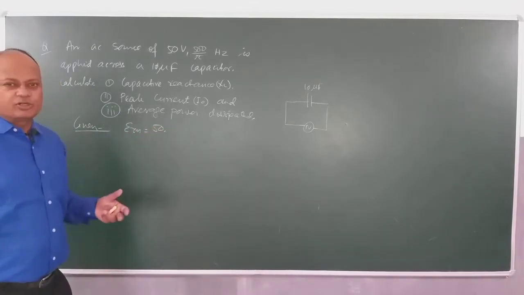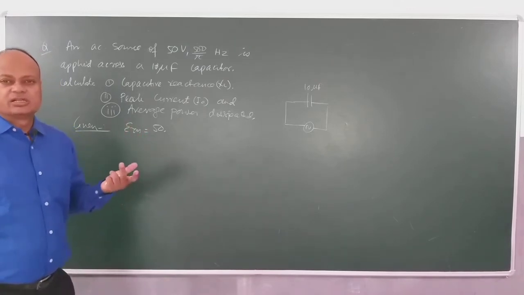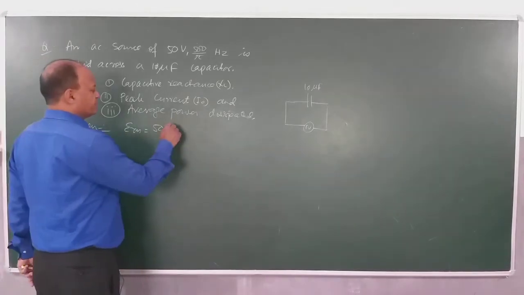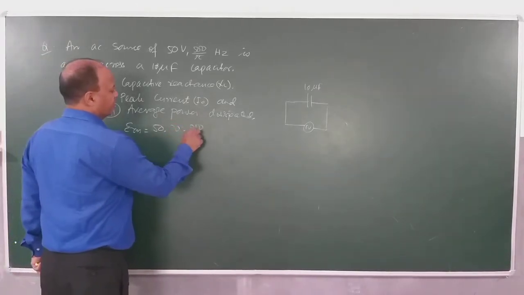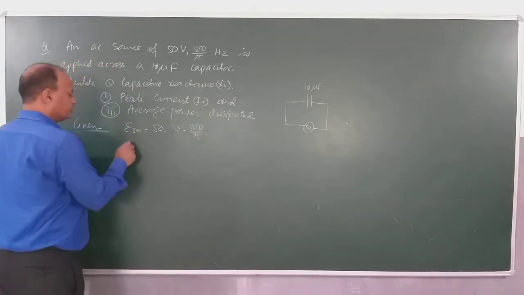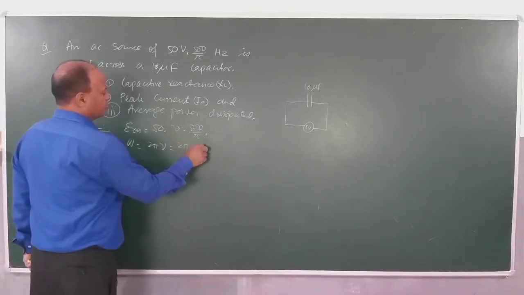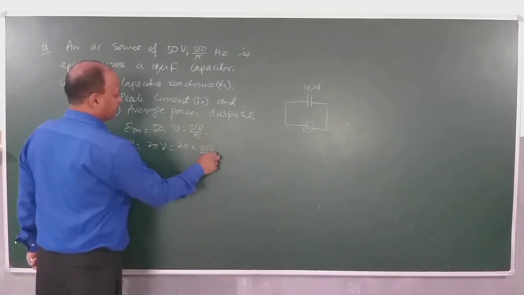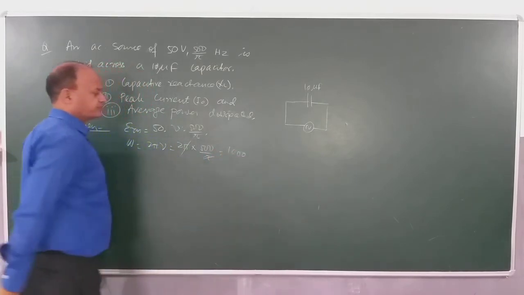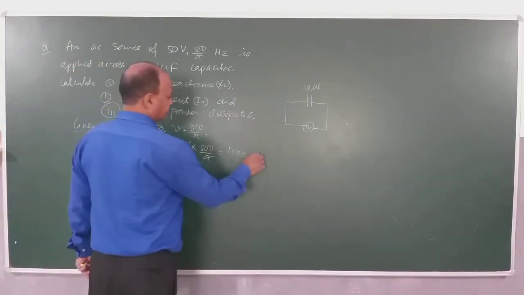If I say 50 volts, I am generally referring to the steady voltage, the voltage which is not fluctuating, and then the frequency is 500 by pi. So children, how much is omega? Omega is 2 pi nu. 2 pi into 500 upon pi, pi cancels out. So 1000 radian per second. This is omega.